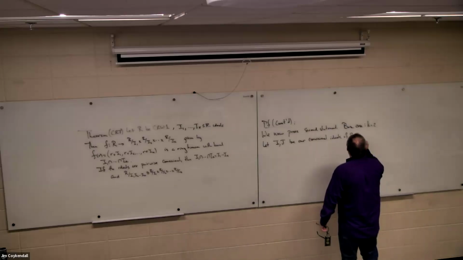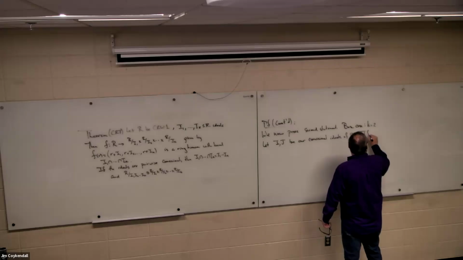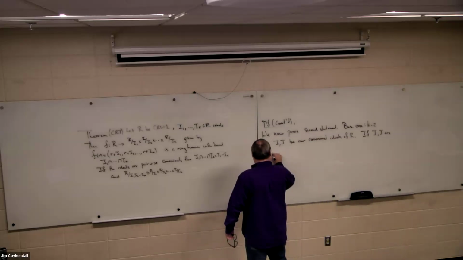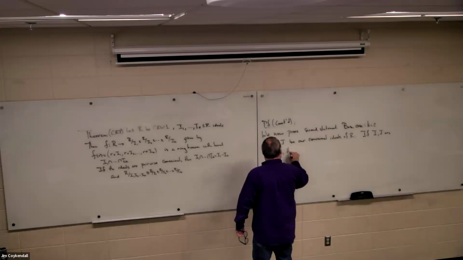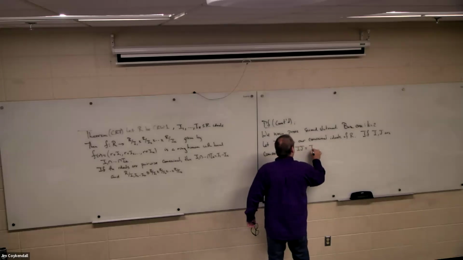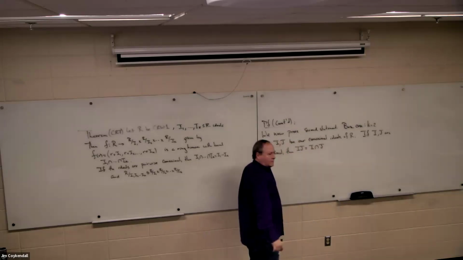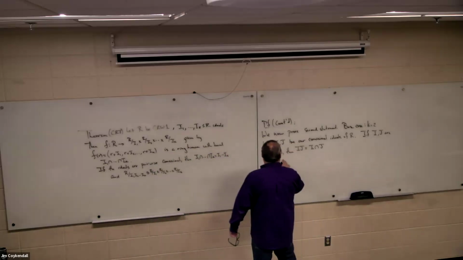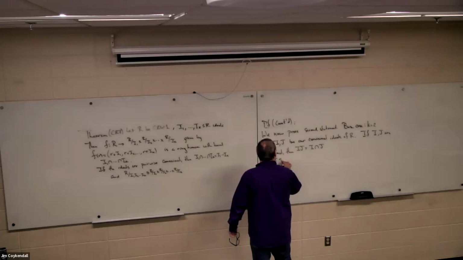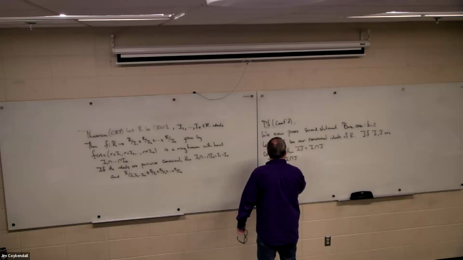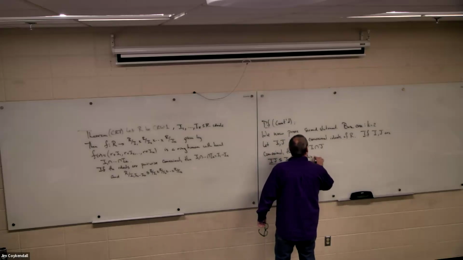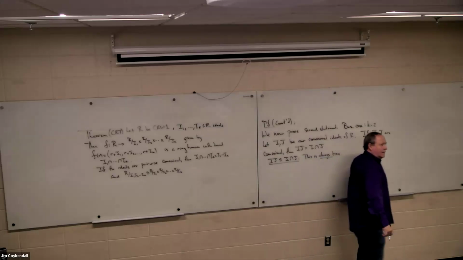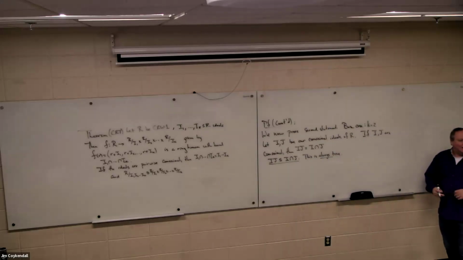I claim first that if I and J are comaximal, then IJ equals I intersect J. I'm going to do this first. The product IJ is always contained in I intersect J.